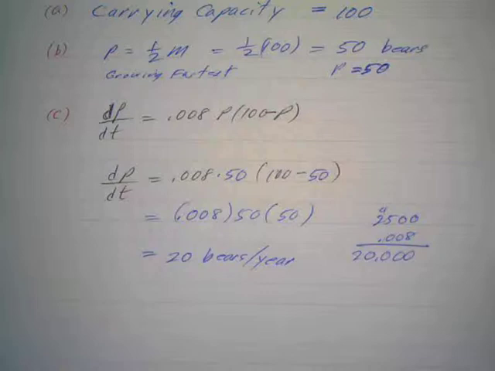So when I have 50 bears, my population is growing at a rate of 20 bears per year, just at that moment. It'll slow down as I get closer and closer to the carrying capacity. So again, the rate of change of the population when it's growing the fastest will be 20 bears per year.